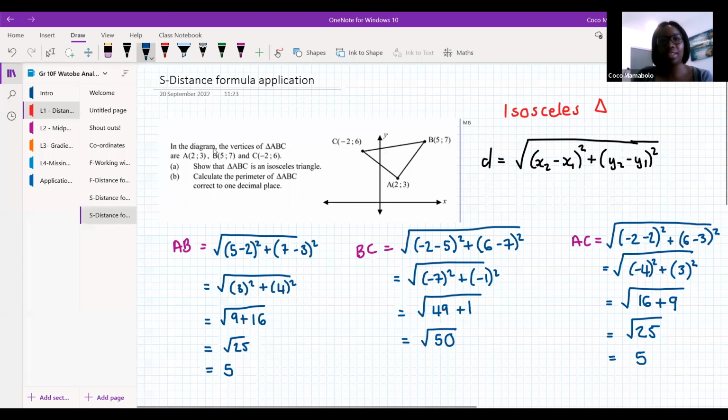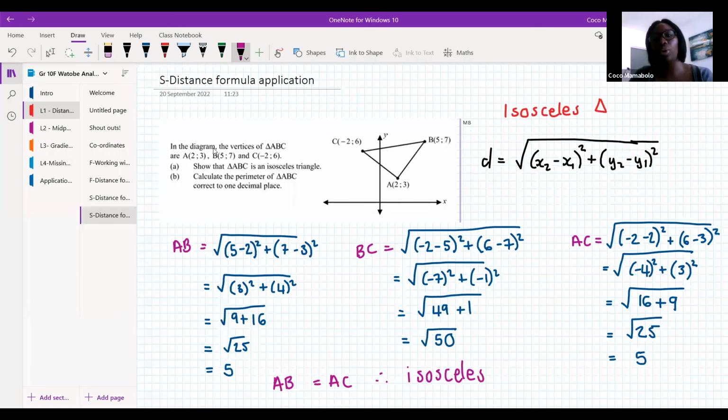The answer is yes, 100%, because AB is equal to side AC, and that tells us that it is an isosceles triangle. Therefore, isosceles. That's how I remember how to write it, isosceles.